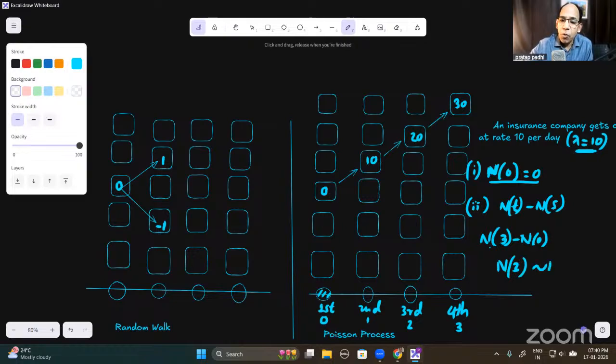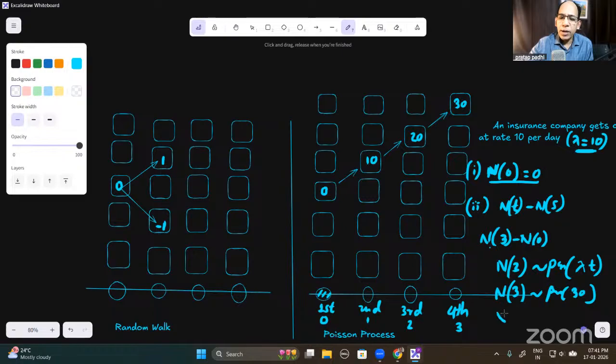That should follow Poisson lambda T. T is 3 here, how many time periods? 3. So N3 will follow a Poisson distribution with 3 lambda, Poisson 30. Lambda is 10, T is 3.